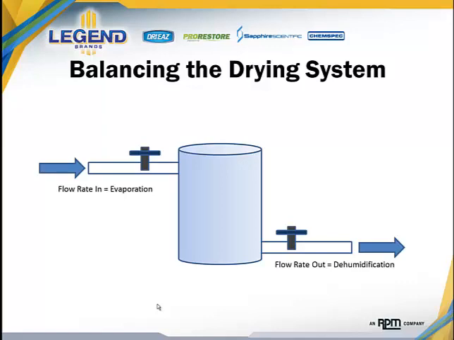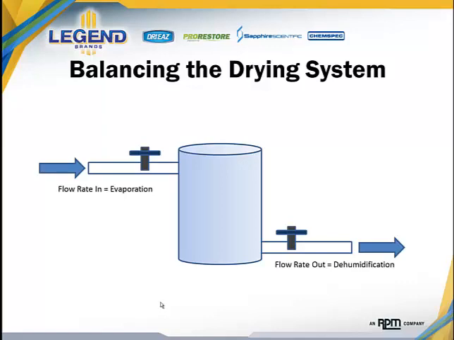To understand this, I'd like to share with you an analogy using a bucket or a small container. On this bucket or container, we have two pipes connected to the container. One allowing moisture to flow into the container, the other removing water or moisture from the container. Let's call the flow into the container evaporation and the flow out dehumidification, and the container the building you're drying.